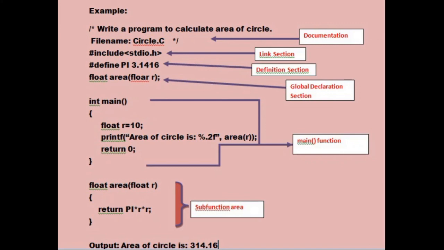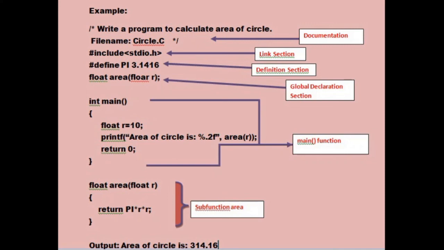This returns 0. And then we have the subprogram function area, that is float area(float r), that contains only one statement, that is the return statement, and we are computing and returning with the single statement using return PI * r * r.